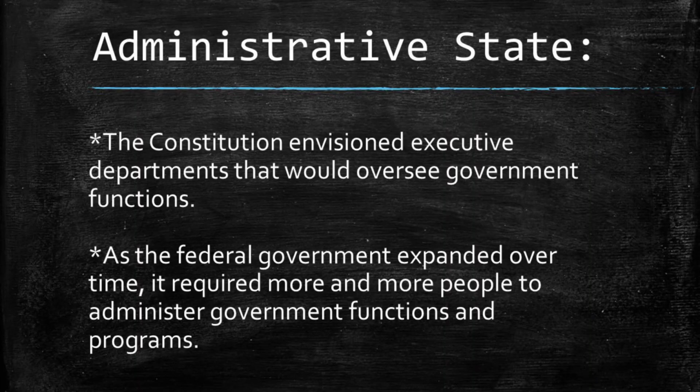As the nation grew, as the demands on the federal government grew, so too did the number of people working for the government. And so what essentially was created was what we call the administrative state. It's people who are responsible for administering the different functions of government on a day-to-day basis.